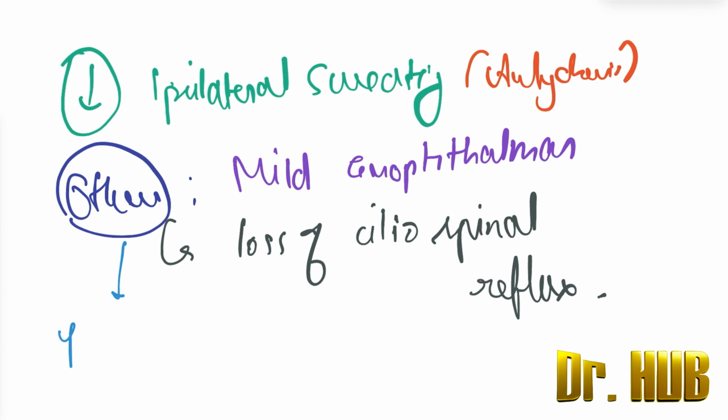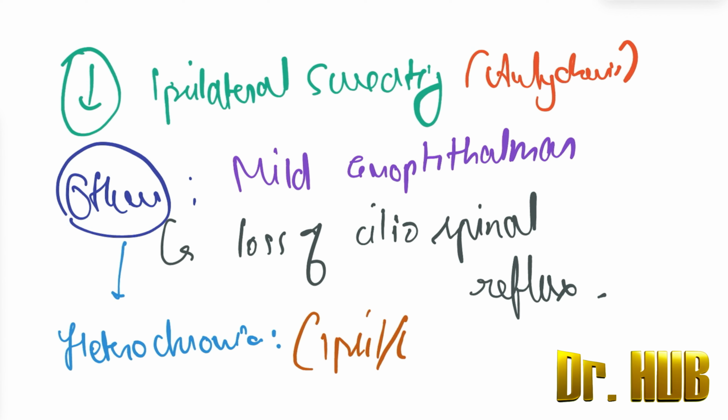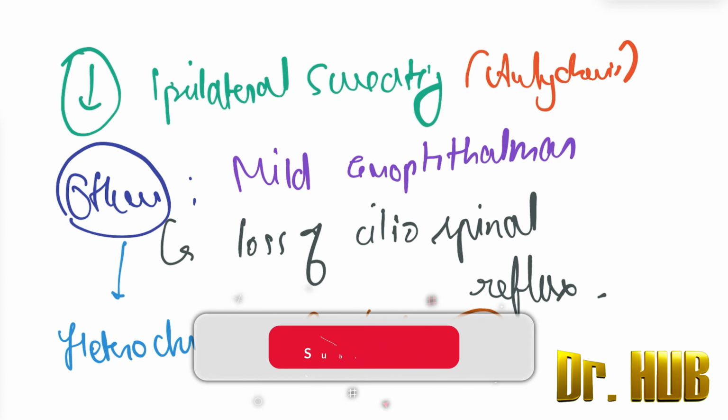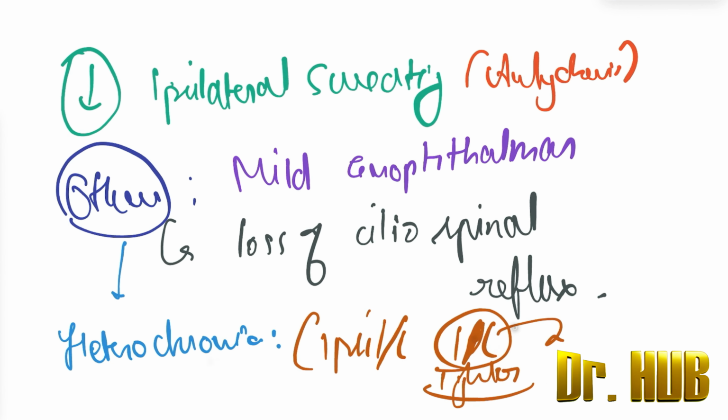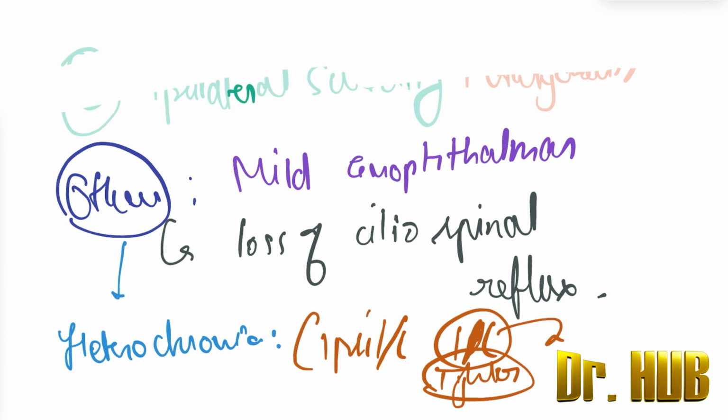Next there is heterochromia. So what is meant by heterochromia? The ipsilateral iris is lighter in color. It means that the ipsilateral, or in short IL, is lighter in color.